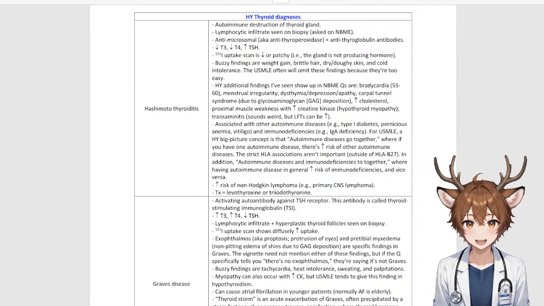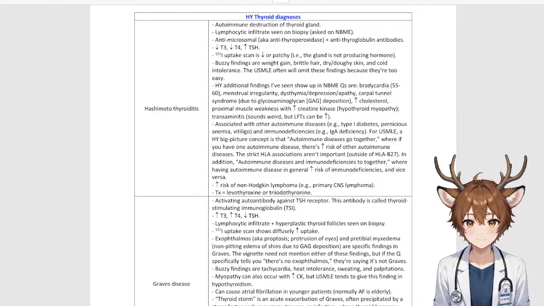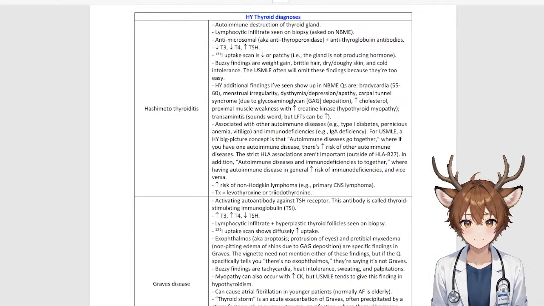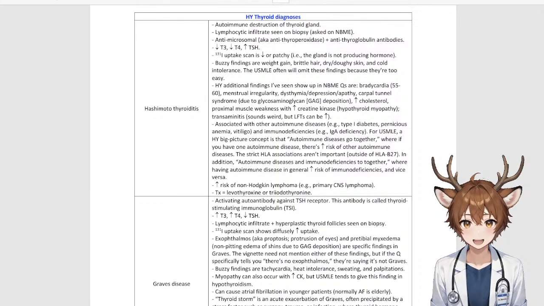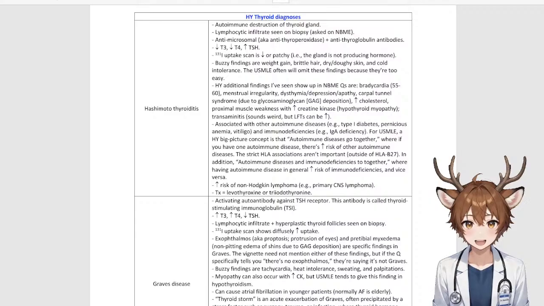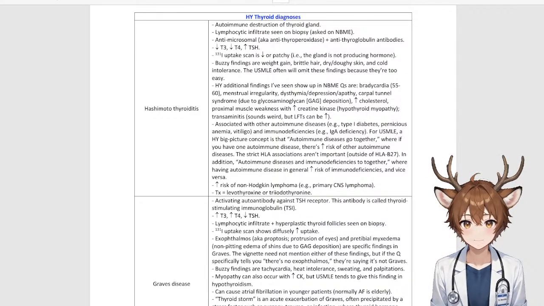Associated with other autoimmune diseases like, for example, type 1 diabetes, pernicious anemia, vitiligo, and immunodeficiencies like IgA deficiency. For USMLE, a high-yield big-picture concept is that autoimmune diseases go together, where if you have one autoimmune disease, there's an elevated risk of other autoimmune diseases. The strict HLA associations aren't important outside of maybe HLA-B27.